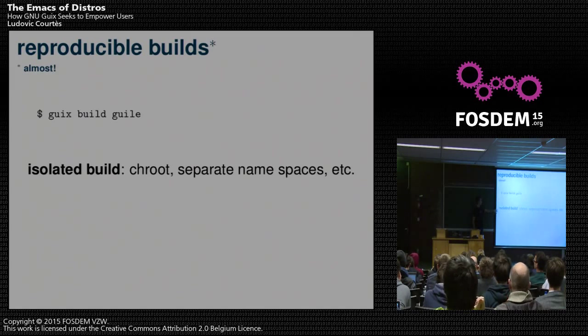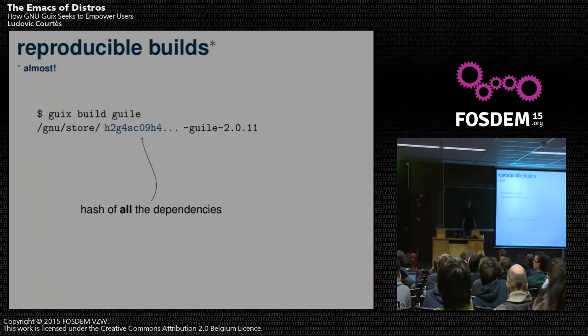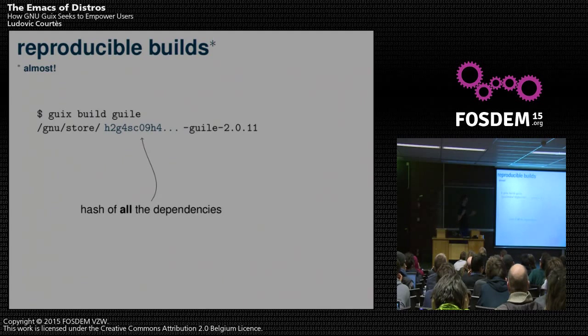In Guix, which is similar to what happens with Nix, when you build software, you get one of these long file names with a hash. And the hash actually denotes a hash of all the dependencies used to build the software. For instance, when you build Guile, you need a compiler, a C library, lots of other libraries. And this hash that we see here is the hash of all these dependencies.